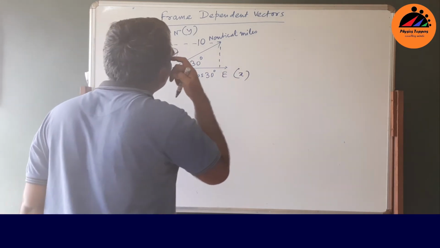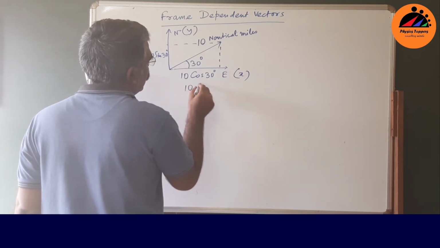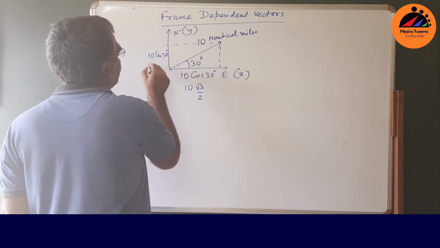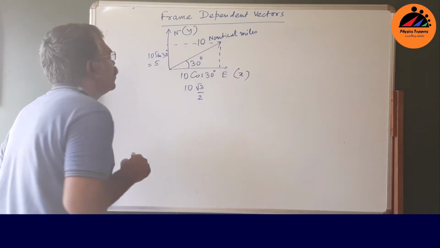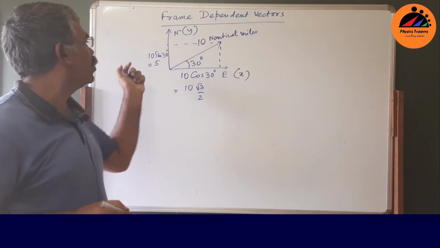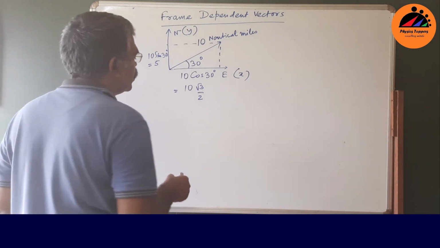This you know from your early school days. Cos 30 is root 3 by 2, and sine 30 is half, so this is 5, 10 by 2 is 5. So these are the magnitudes along the east and along the north, right?